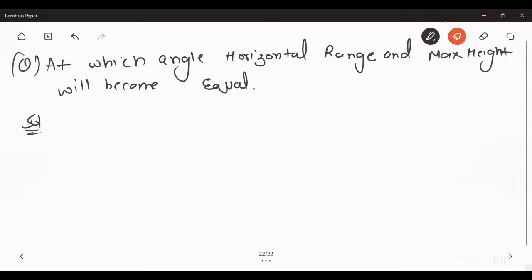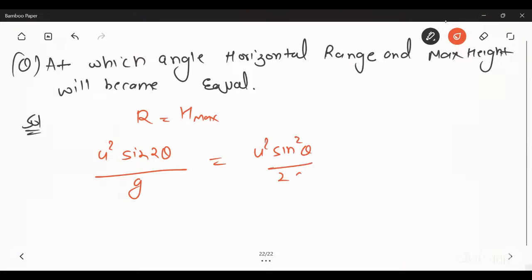So we are given that horizontal range is equal to h max. Horizontal range is equal to u square sine 2 theta by g, and h max is equal to u square sine square theta by 2g. So g will be cancelled, u square will be cancelled. Sine 2 theta is equal to 2 sine theta cos theta, and sine square theta will be written as sine theta into sine theta.